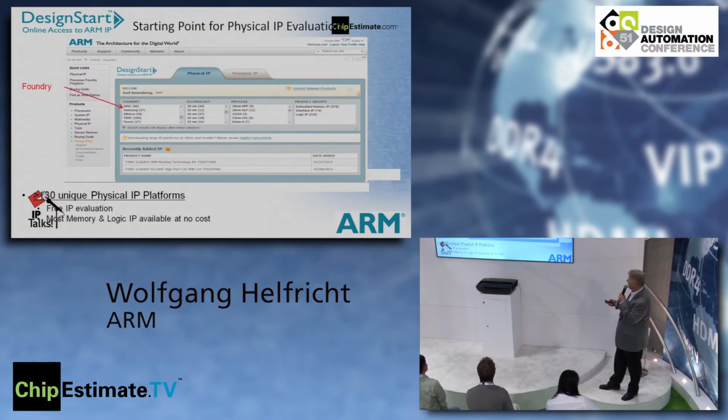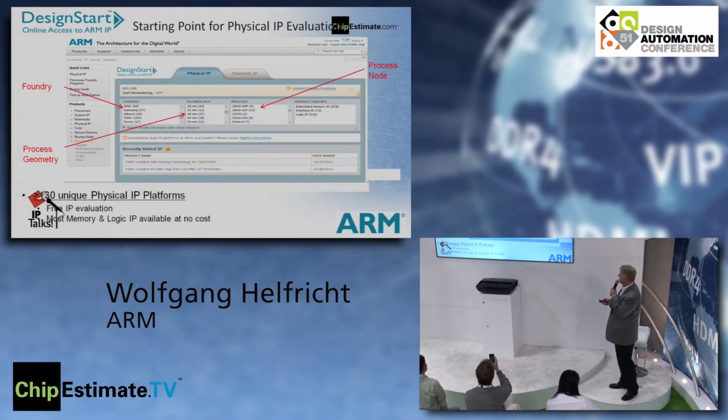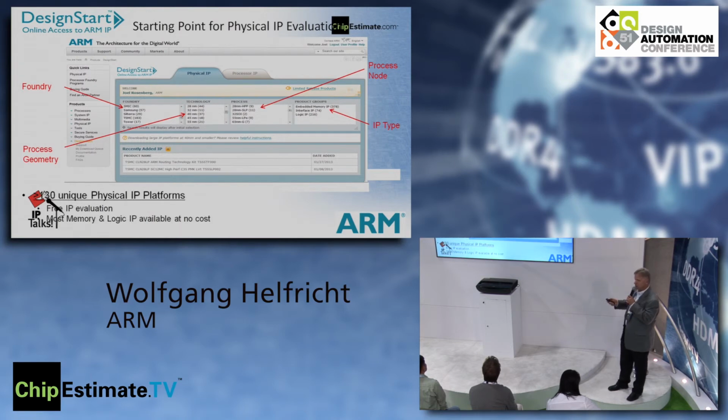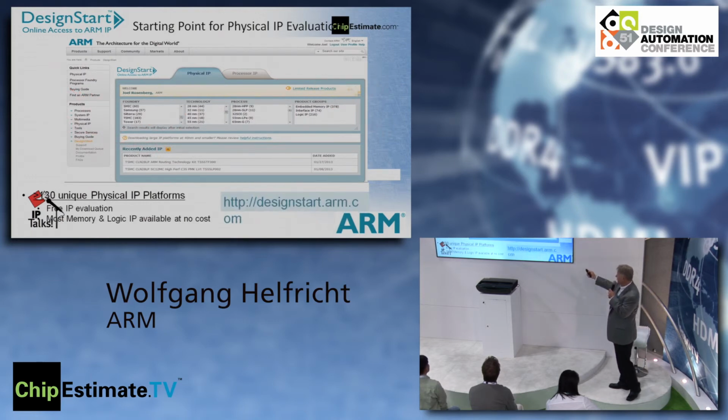You can sort by foundry, process geometry, process node, and then the IP type. Very effectively, you can download a library for a specific 55 nanometer process node, for example, or whatever you want. You can go directly via design.arm.com, or you can go to arm.com, and there's a portal for this.